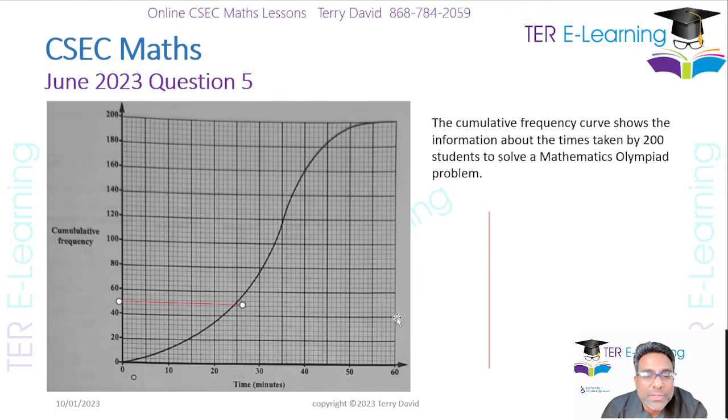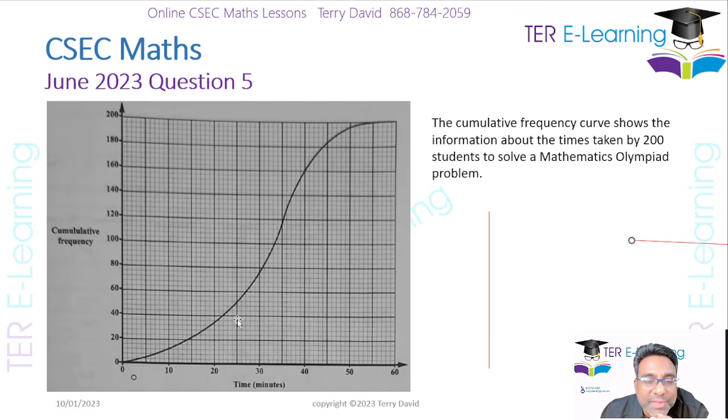Your answer is going to be slightly different depending on how you read it off, but let me show you what you're doing. You're reading off this value here. The problem is that the copy I have is not the best. I'm having a little challenge here, but basically, you're going to read off at 50.